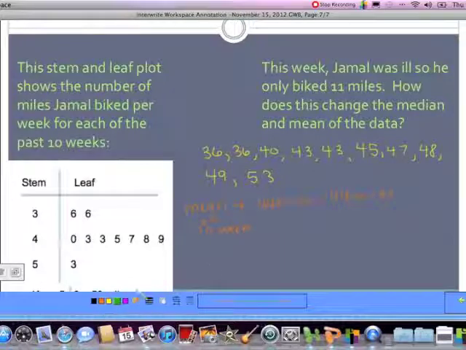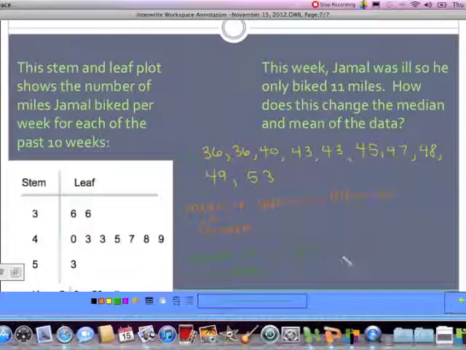Now, in a separate color, I'm going to find the mean of the 11-week data. It says this week Jamal was ill, so he only biked 11 miles. So technically, I'd be adding an 11 to my data set. If I add an 11 to the 440, that equals 451.